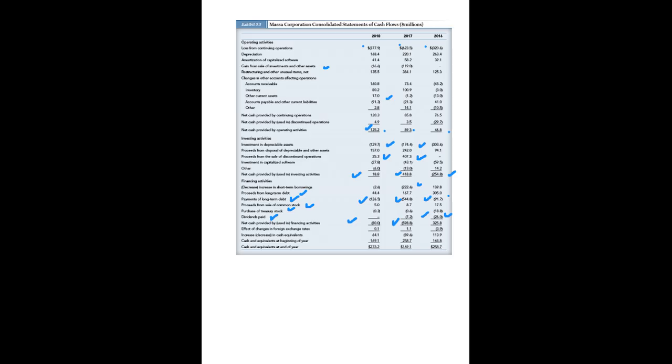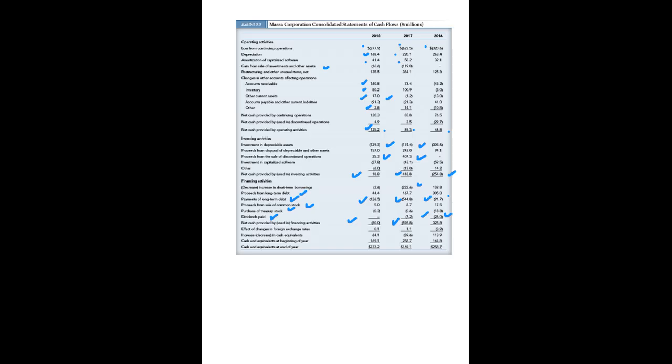So major reasons are the huge amount of depreciation and amortization expenses, then accounts receivable, inventory, and other current assets and others. They are the sources of cash flows, or they provided the cash, or they have increased the cash.